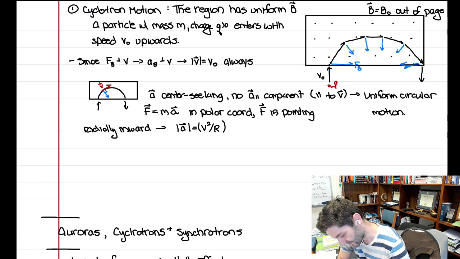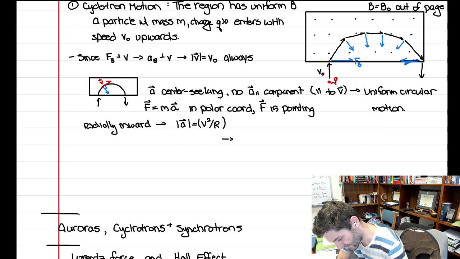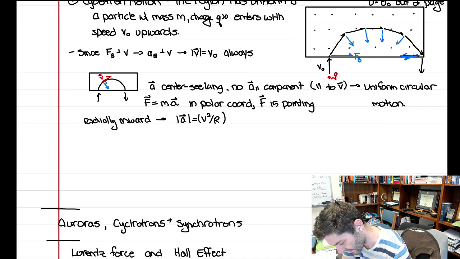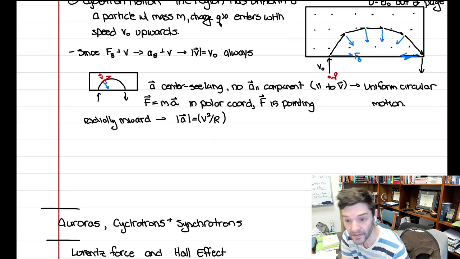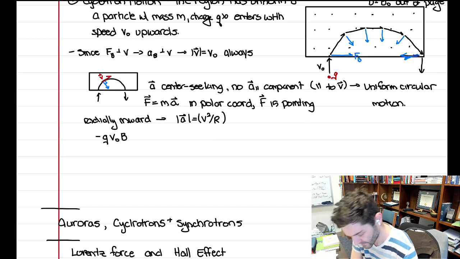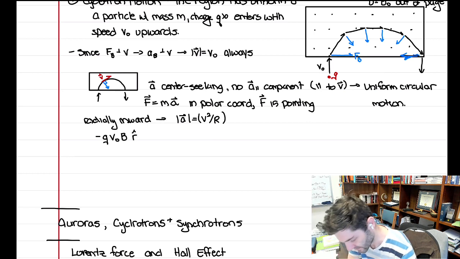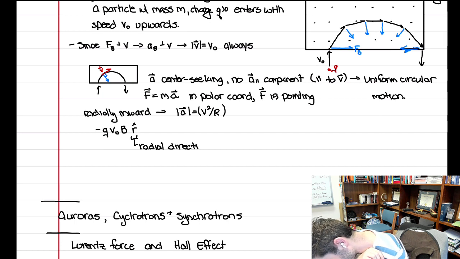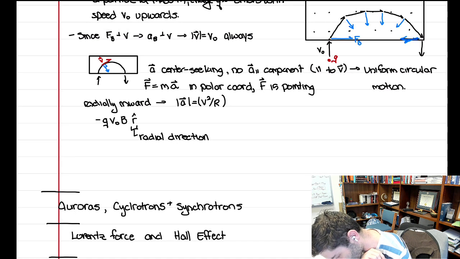So, as a result, you can write down that the force in this case, I can even write it in polar coordinates if I want to. Why not? If we use little r as the radially inward, then the force is going to be, let's see, what would it be? I guess it would be negative q v naught times the magnitude of the magnetic field. And that all is in the radial direction, so towards or away from the center. Since it's negative, that means it's towards the center of the circle.